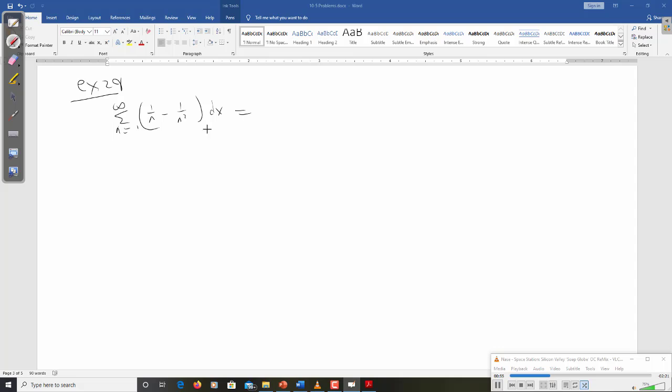And if you look at this, if you try to do ratio test, you get 1 over n plus 1 minus 1 over n plus 1 squared divided by 1 over n minus 1 over n squared.